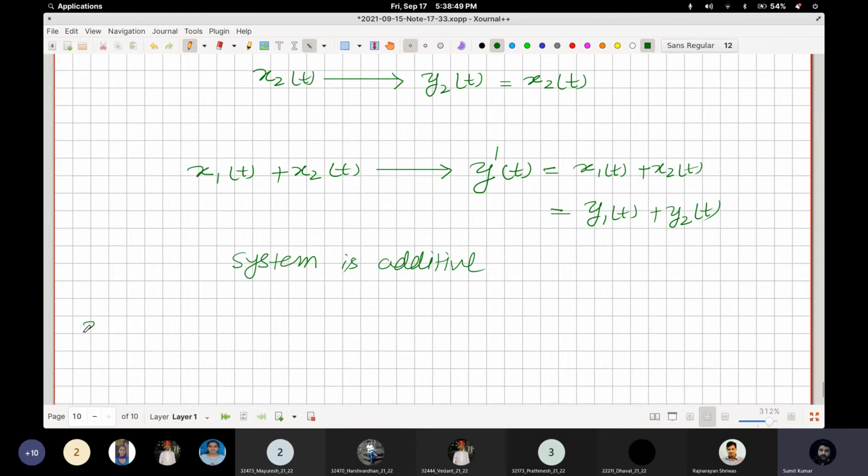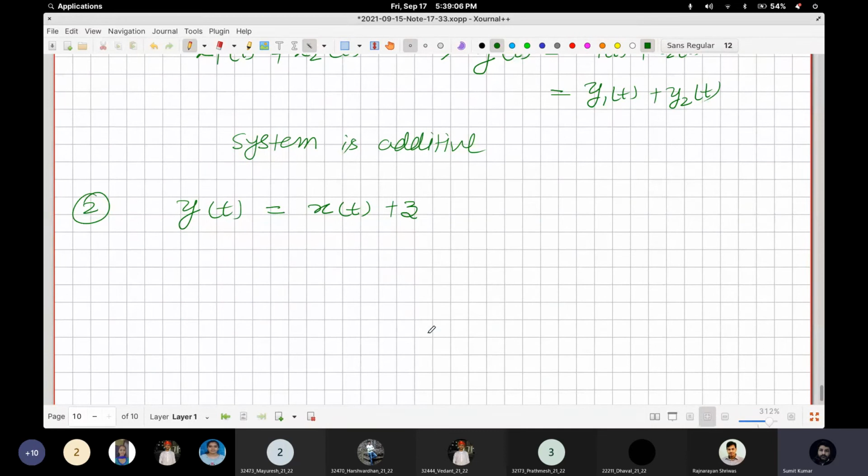Let me give you another example here. The system description is given by this: the output is equal to x(t) plus a number 3, x(t) plus 3. Tell me whether this system will be additive or not. Sir, not additive.